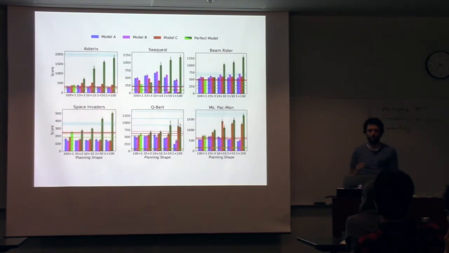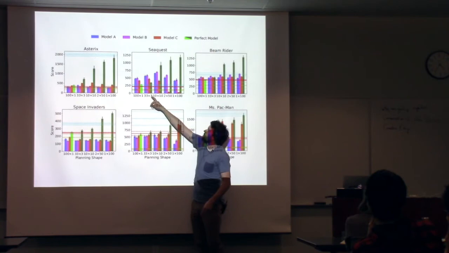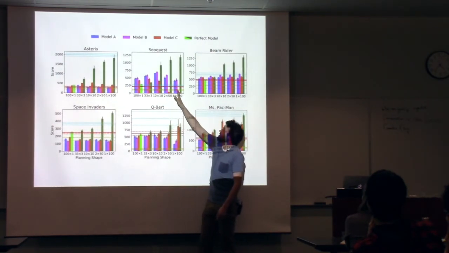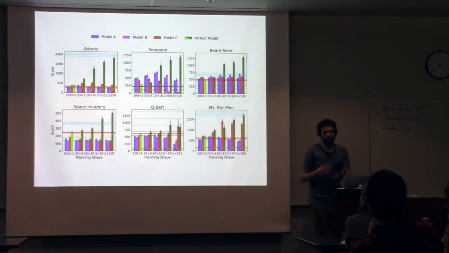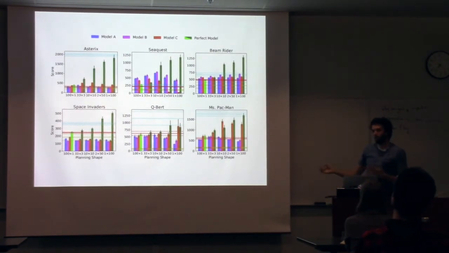So this results in the best performance at an intermediate rollout length. It's easy to see in Seaquest: performance tends to increase, but then tends to decrease as the rollouts get too long. That's a limitation of the learned model. It can't roll out forever.